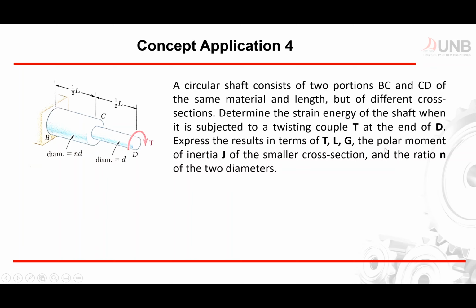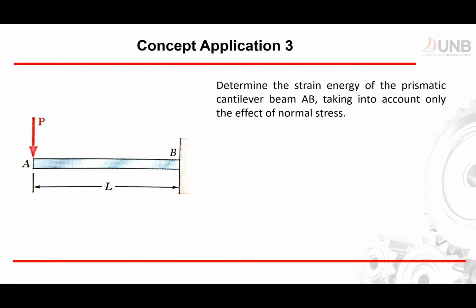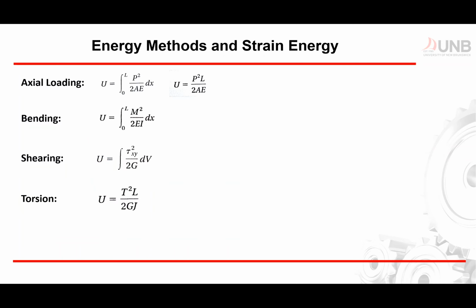And what do we mean by G and moment of inertia right here? If we go back to the equations related to strain energy, for torsion we have T squared L over 2GJ. Your G is your shear modulus.